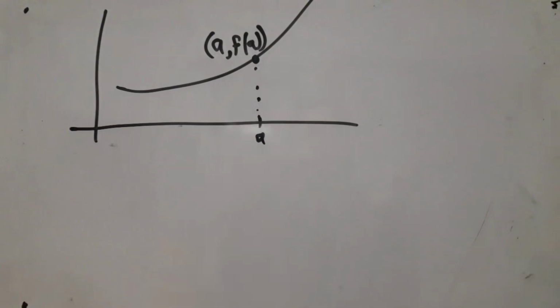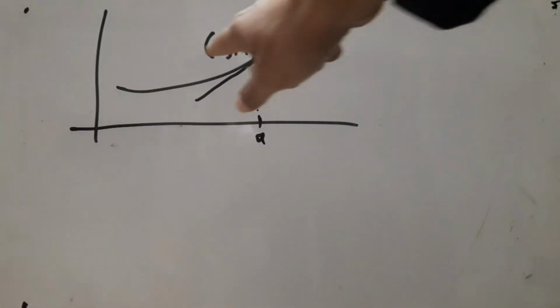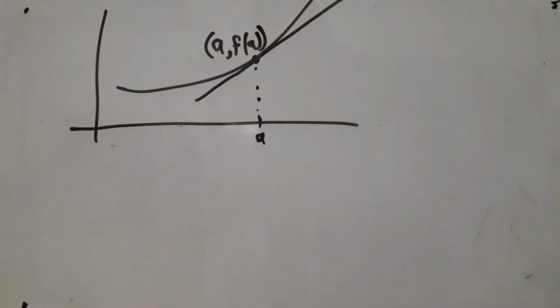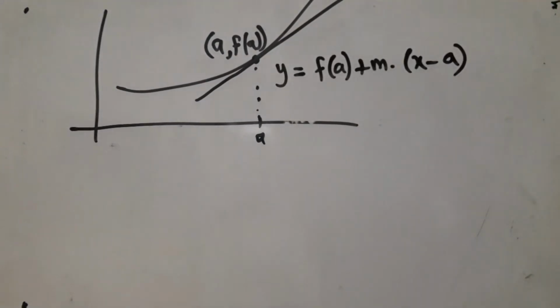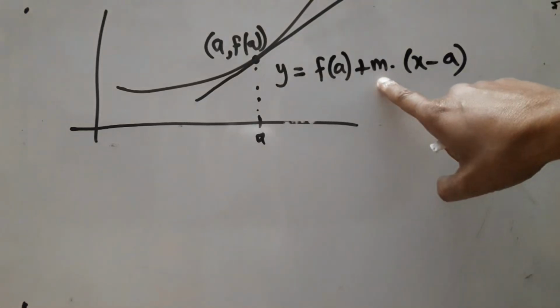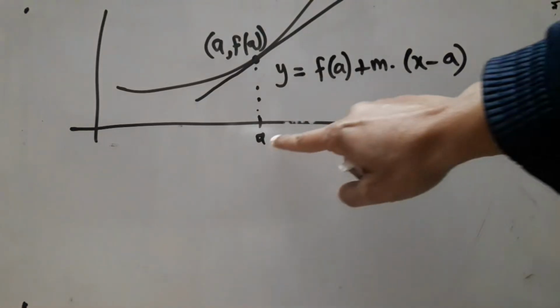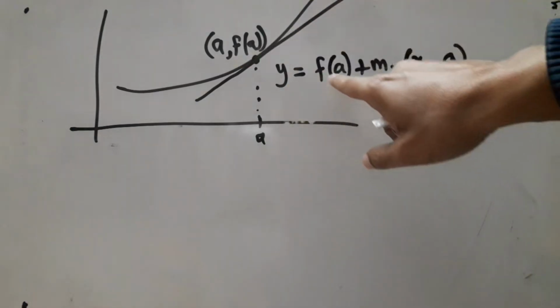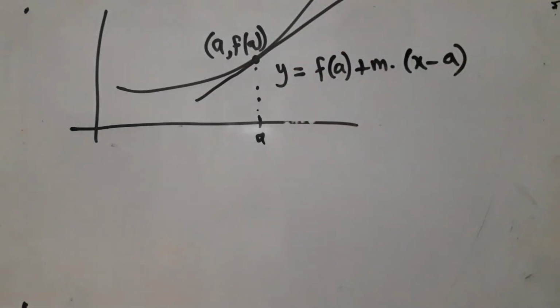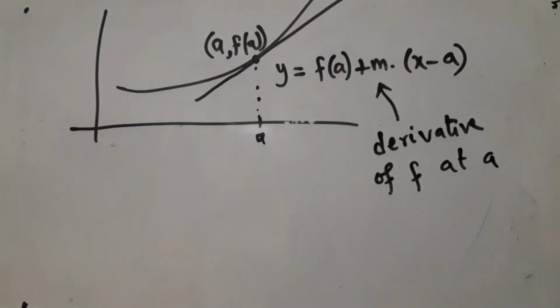I can see it is smooth, so I can approximate it with a straight line, the tangent, and any such straight line passing through (a, f(a)) and not vertical has the general form y equals f(a) plus m times (x minus a). So this m is the only thing that I need to specify this. I already had my a and had my graph function f. This m is called the derivative of f at a.